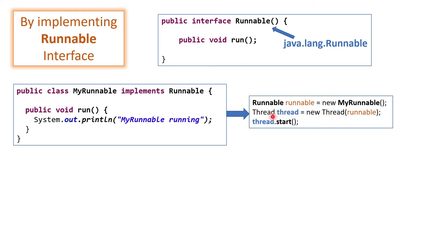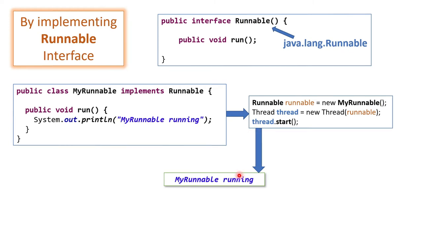In the previous example we used the default constructor where no parameter is passed. But now we are creating the Thread object where we pass the Runnable object, because this Runnable holds the work for this thread. Now if we do thread.start, it will print myRunnable running, because this is the task and this is the worker. So I am assigning the task to a worker and it is doing the duty.